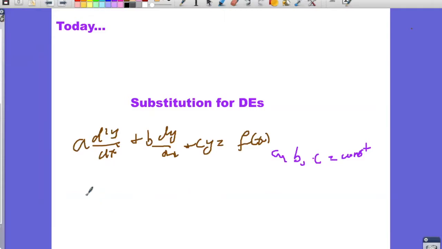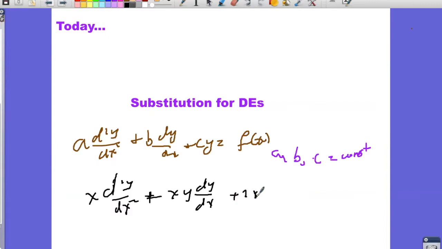For example, you may have a differential equation like x d squared y dx squared plus xy dy dx plus 2x minus y equals some function of x.